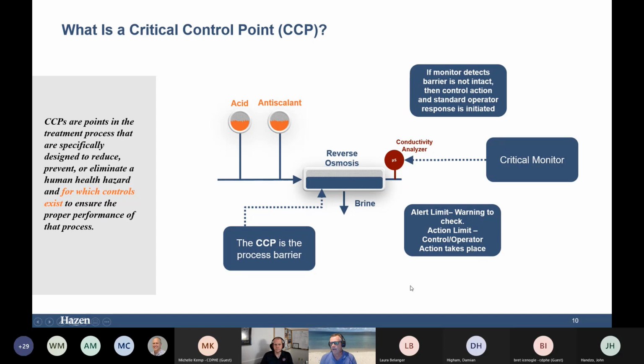Now, so that we are ahead of ourselves in protecting public health, we typically give ourselves a couple of limits on the monitoring. One of them is commonly referred to as an alert. If you think of that in the parlance of alarm conditions, think of it as a warning alarm.